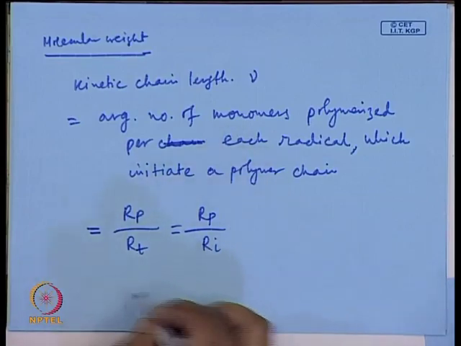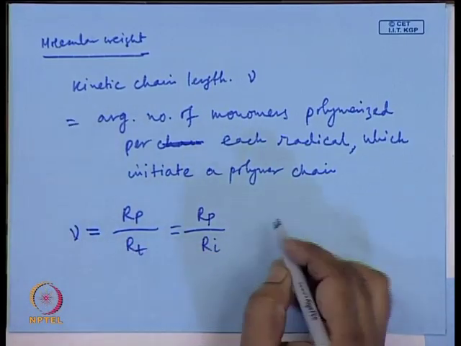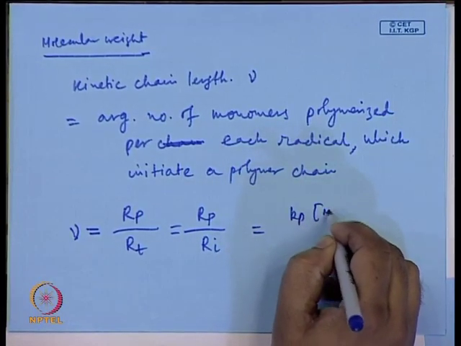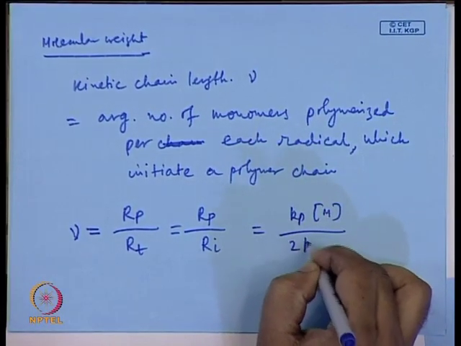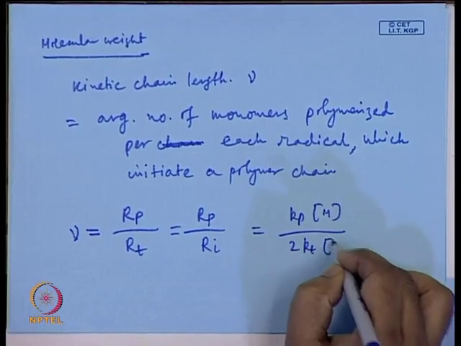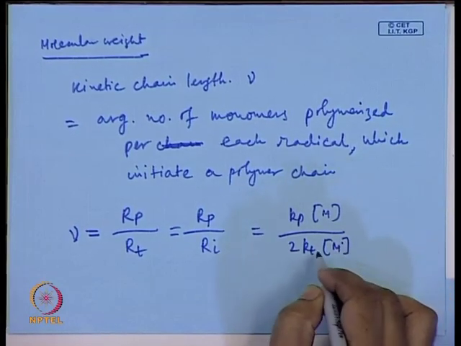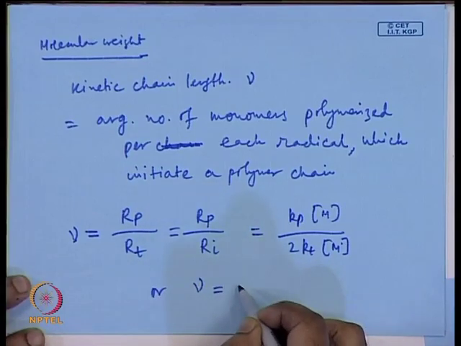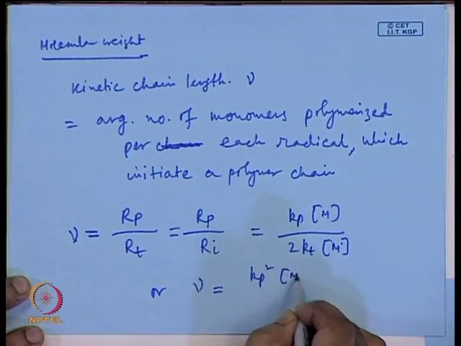So, we can write nu as Kp[M] from the last expressions which we derived in the last few pages. We can write this as well.